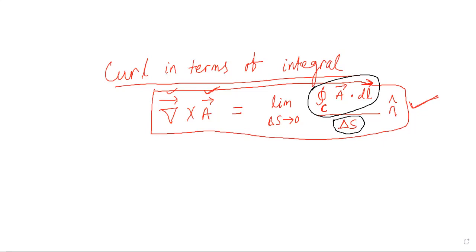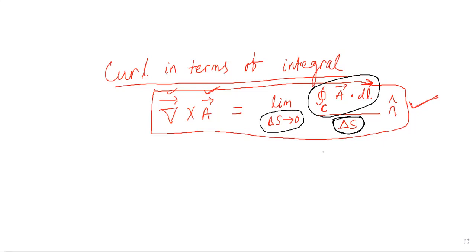Here we consider the surface area del S, which is created by this closed path. I will show you what that is. Per unit area bounded by this path, as the area tends to 0.